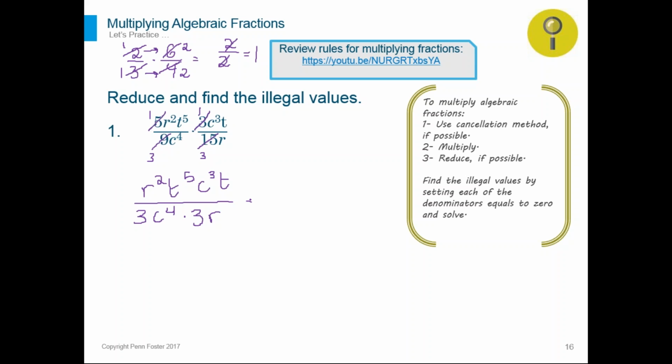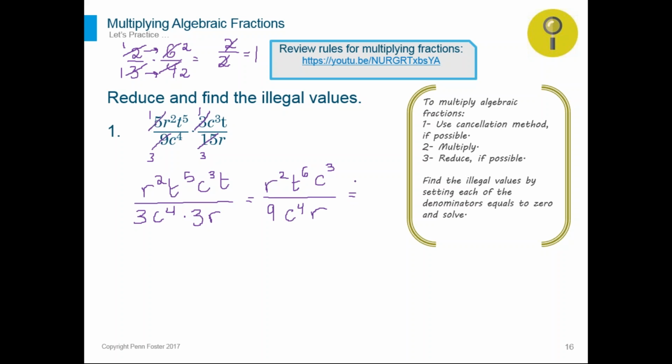So I'm going to see what I can multiply on the top. R squared, I don't see any r here, so r squared will stay the same. T to the 5th times t is t to the 6th. Remember, when we multiply same variables, we add the exponents. And then we have c to the 3rd over 3 times 3, it's a 9, c to the 4th r.